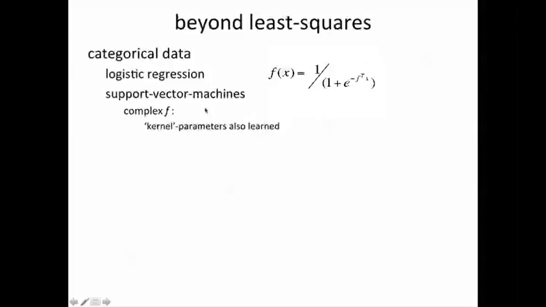There, the kind of function f is parameterized by kernel parameters, and these parameters are also learned along with the function itself. So not only do we learn the function, but we also learn the type of function from the data. If it's a parabola, we'll learn a parabola.